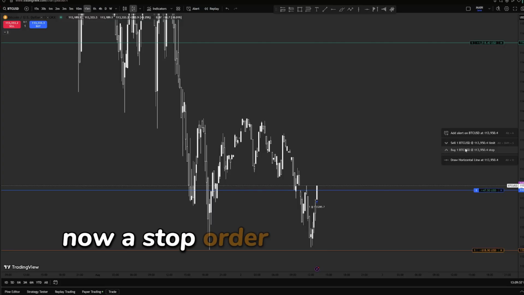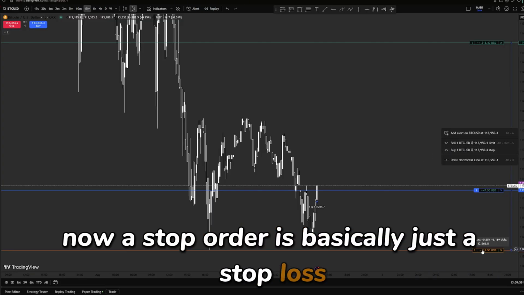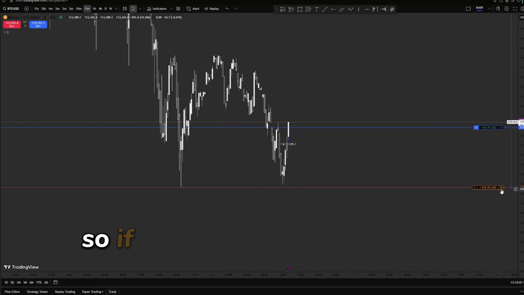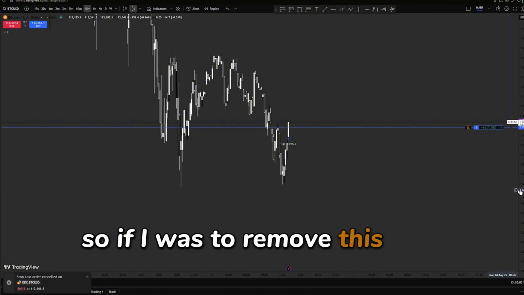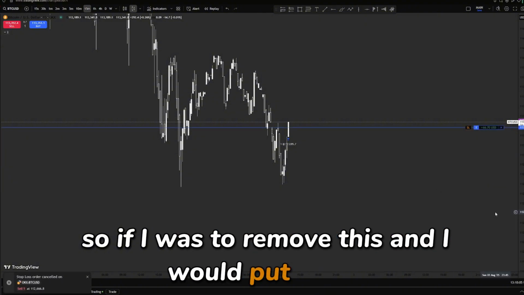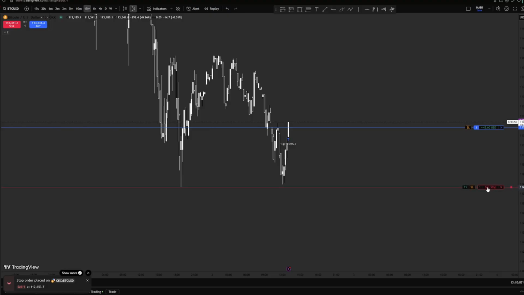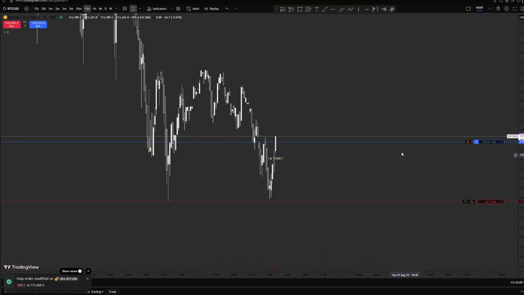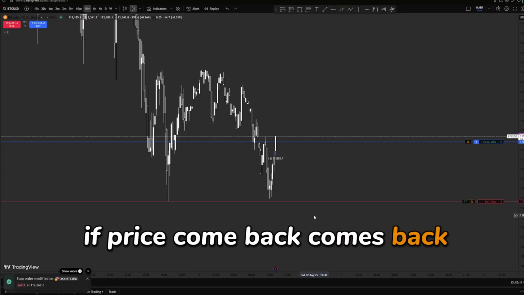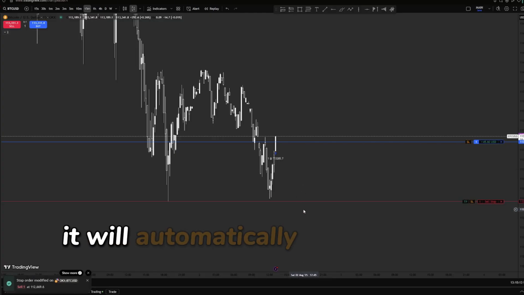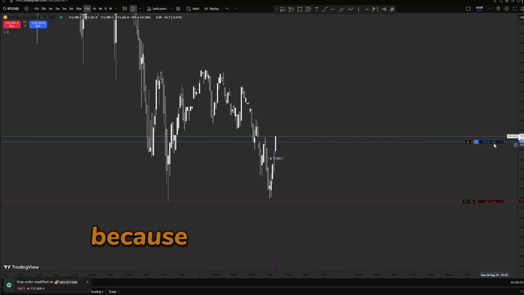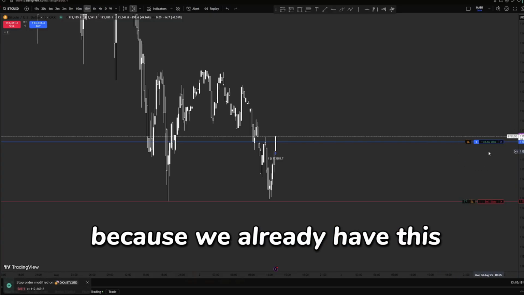Now, a stop order is basically just a stop loss. So if I was to remove this and I would put a stop, this is the exact same thing. If price comes back down to here, it will automatically take us out of the trade because we already have this trade.